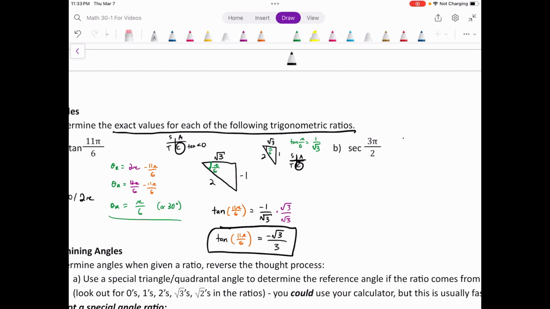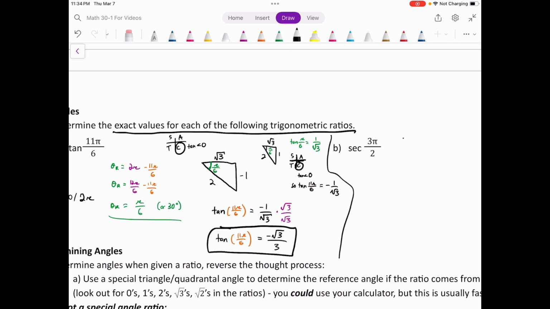So we could have done it this way and then said, now I need to slap a negative on there because I'm actually thinking about 11 pi over 6. But we get the same result. So tan of 11 pi over 6 is just -1 over root 3. And then we'd rationalize the denominator doing all that same stuff. Both are perfectly valid approaches. Whichever one clicks with your brain more is fine with whoever's looking at it.